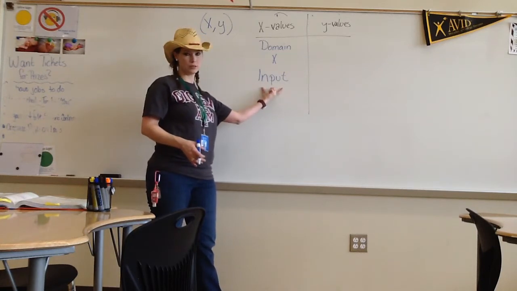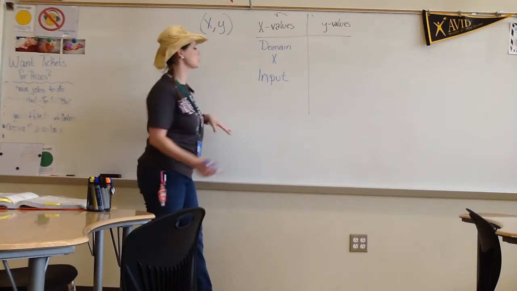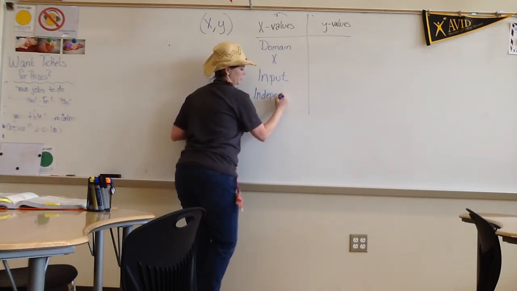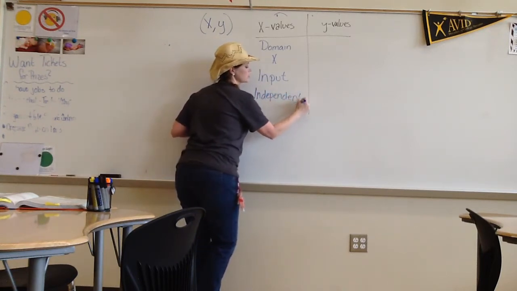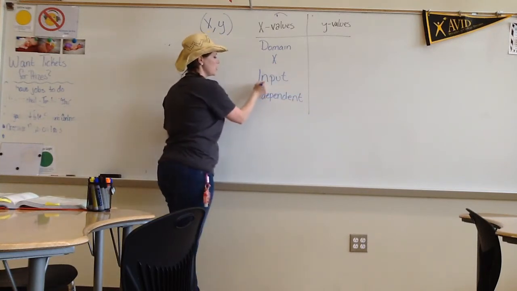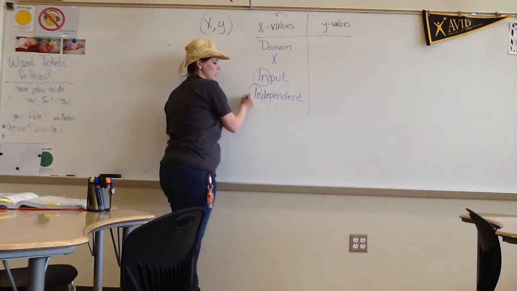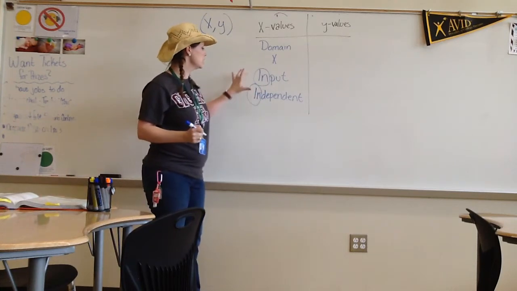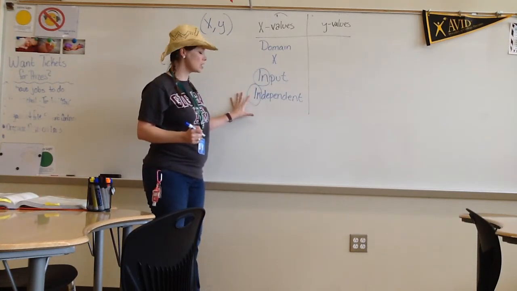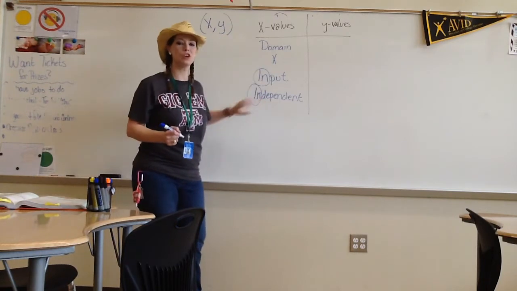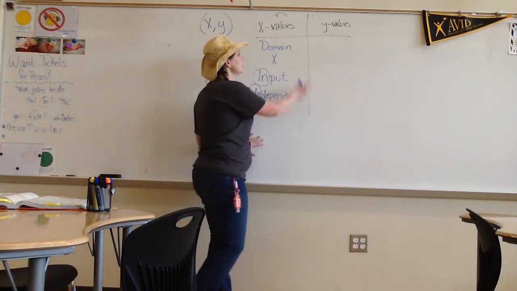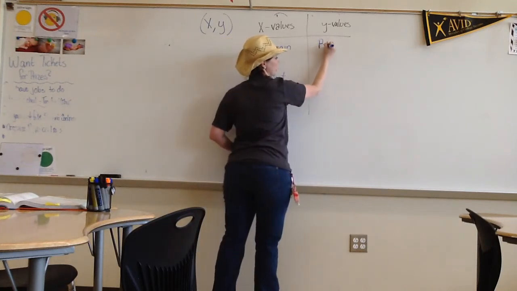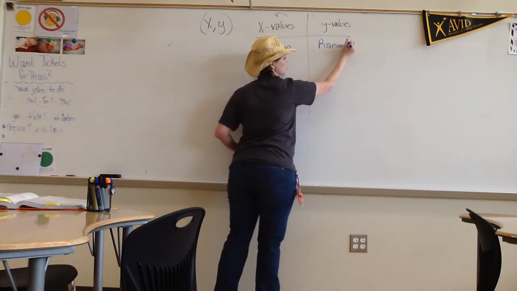The x value is also the independent variable. So that's how I like to remember: the input is the independent variable. That's how I remember which one's which. Independent is the input value. It comes first.